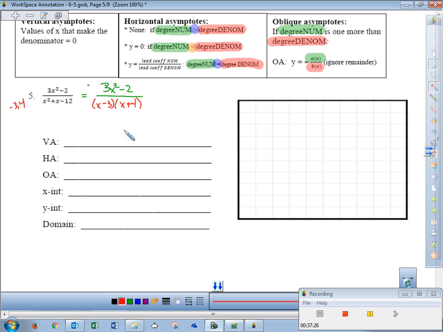Y'all cool with me factoring that? Before I turn you loose, my question to you is, will this guy have holes in him? Do you see the same quantity upstairs and downstairs? Here's an x minus 3. Is there an x minus 3 up there? Nope. Here's an x plus 4. There is not an x plus 4 up there. No holes in the graph. Cool? Only time you get holes is when you've got the same thing up and down. Rock on. Please do the 3 asymptotes with your pal.